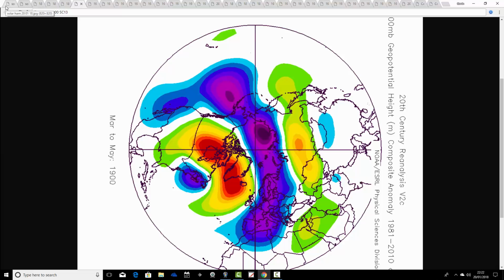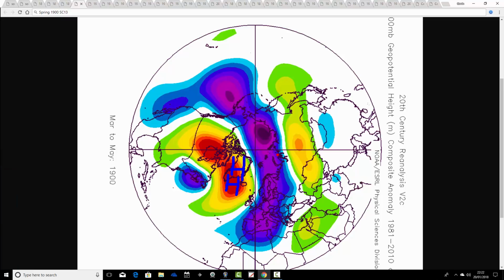This is the spring of 1900, and it's from solar cycle number 13. So again, 2 years before the solar minimum of solar cycle number 13, we see this. And again, it's another spring that has a very strong blocking signal, ridging through the Atlantic, going up towards Greenland.